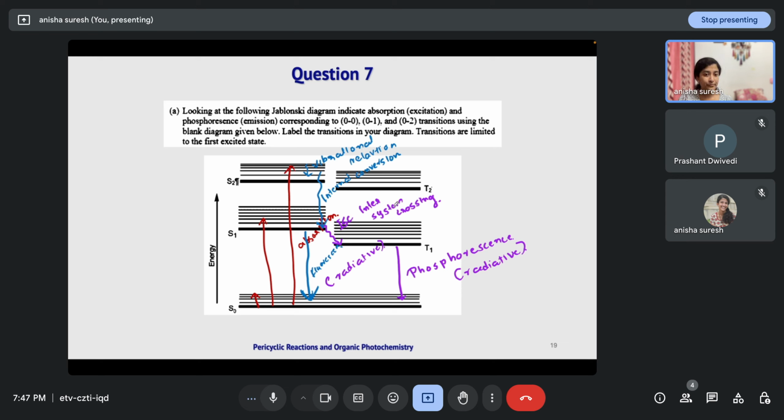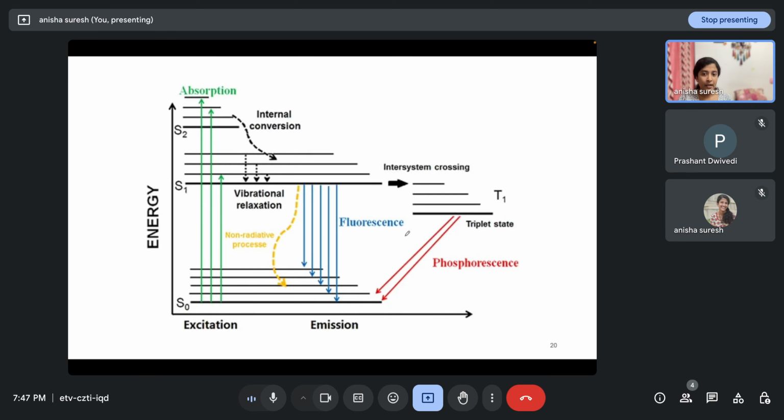Okay. So they have asked us to show absorption and phosphorescence. So this is the absorption line and this is the phosphorescence from T1 to S0 by radiative process, that is known as phosphorescence. So I will show the Jablonski diagram. So this is the Jablonski diagram. So this is how excitation or absorption is taking place from ground state to excited state.